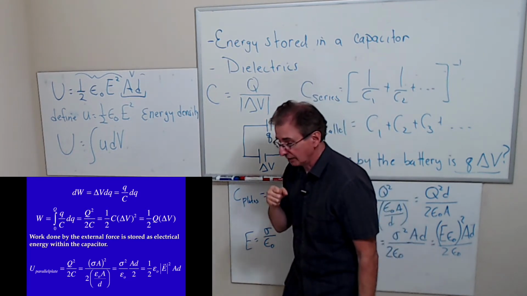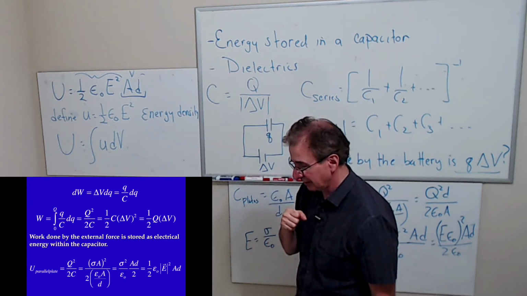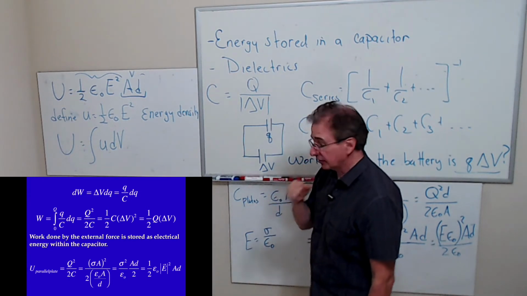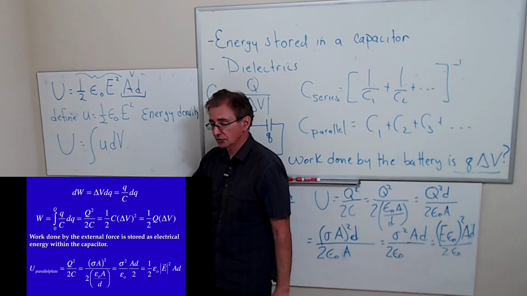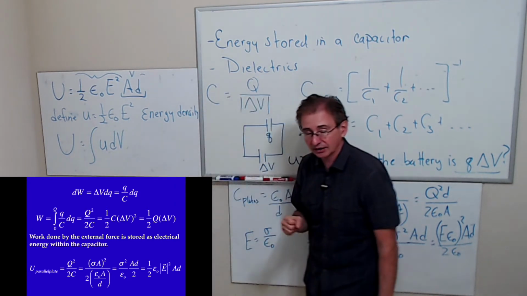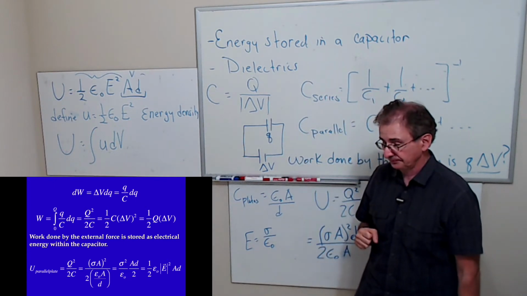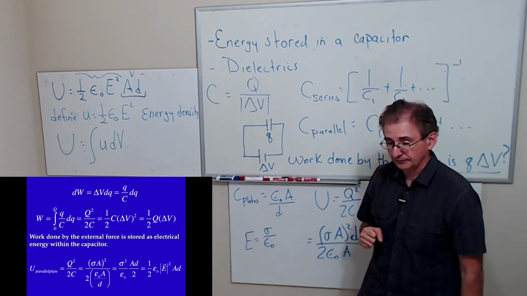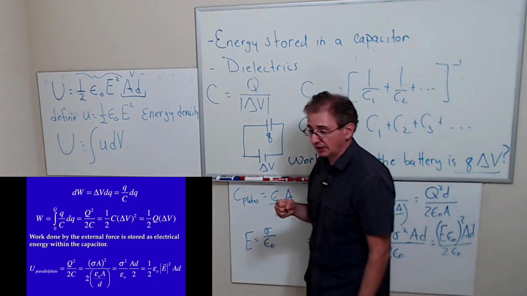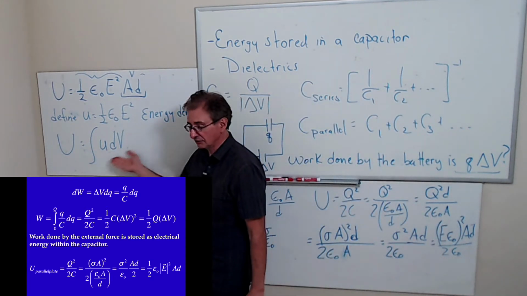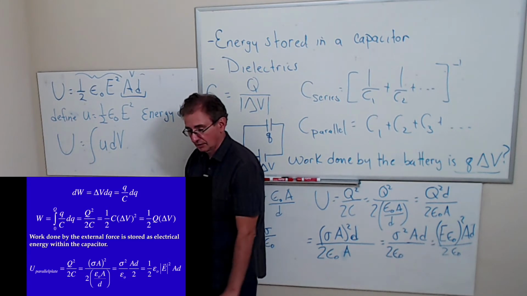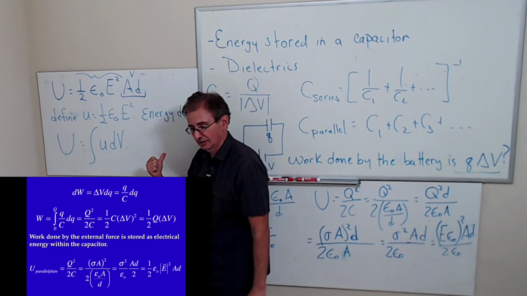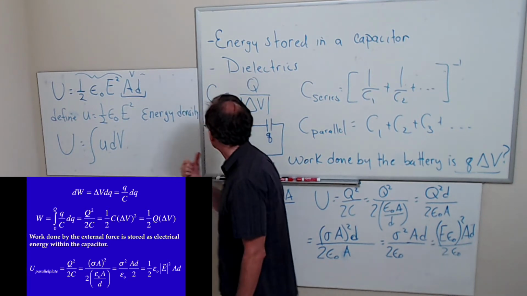It turns out that using this calculation can also allow you to calculate capacitance. There might be some cases where carrying out this integral to calculate U might be easier than using the definition of capacitance.